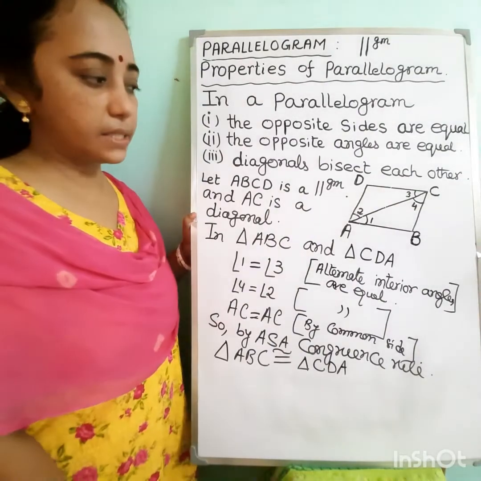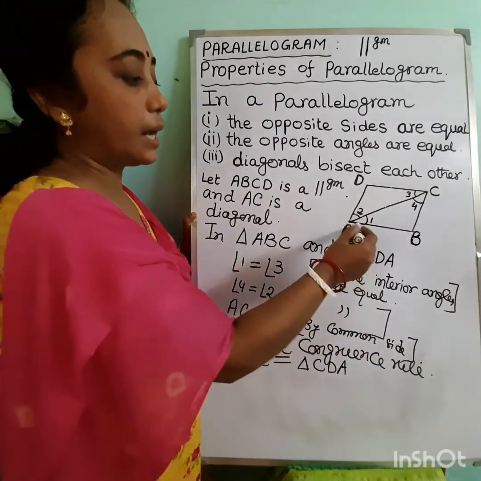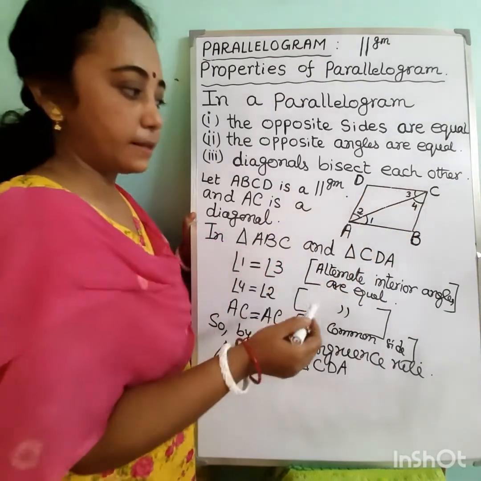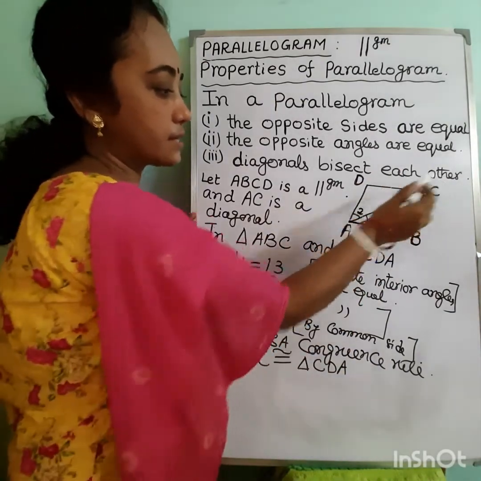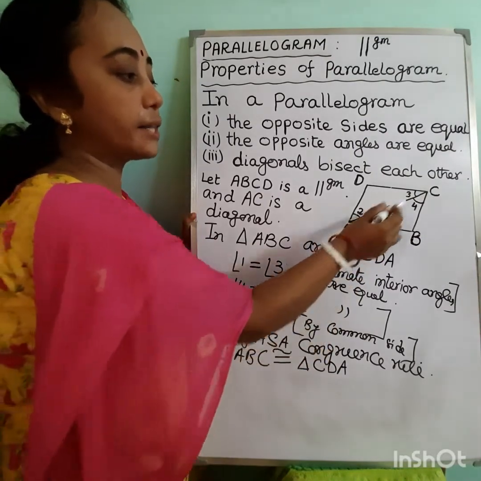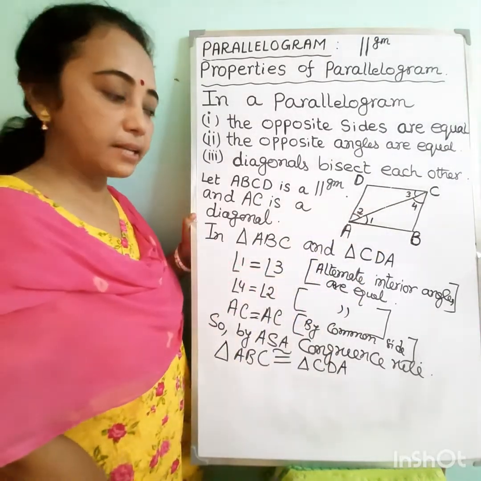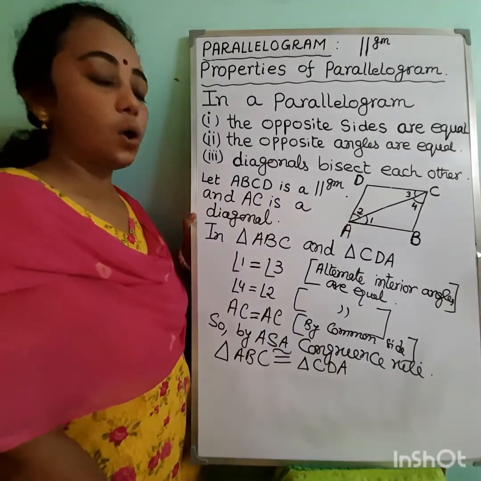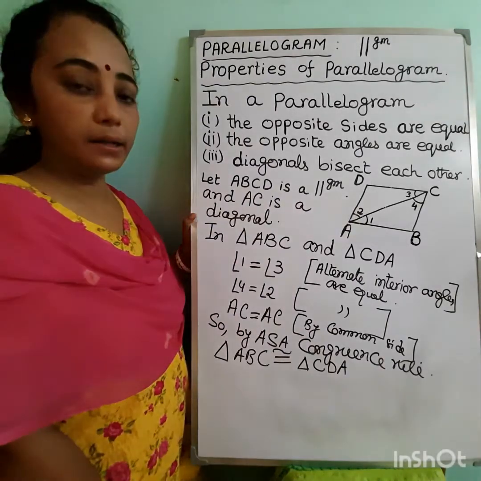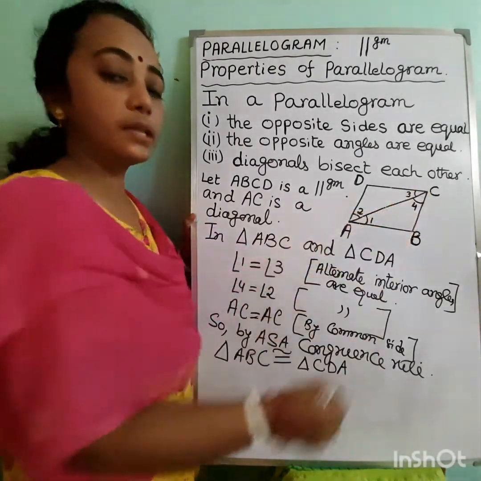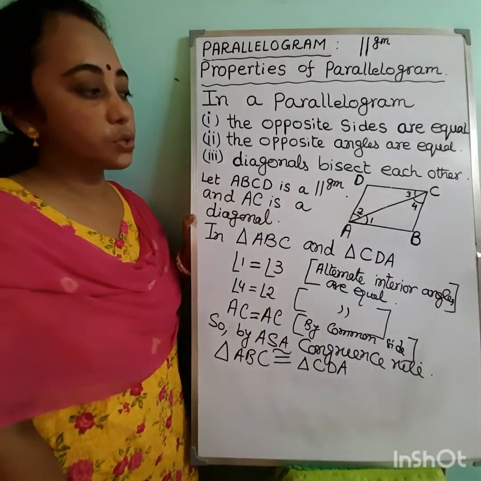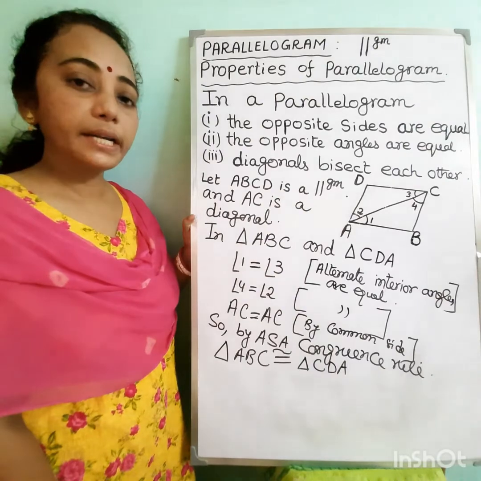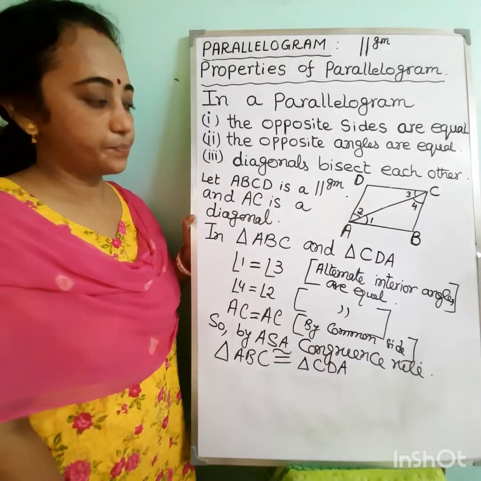Because ABCD is a parallelogram and AB is parallel to DC, that means opposite sides are parallel, and if we consider AC as a transversal, then angle 1 and 3 are alternate interior angles. We know that if two lines are parallel and AC is a transversal, then alternate interior angles are equal. So angle 1 is equal to angle 3 by the alternate interior angles property.